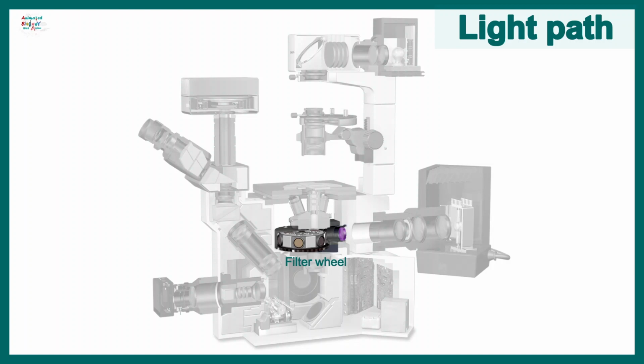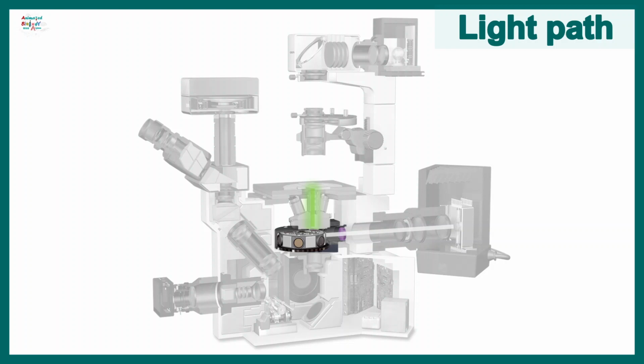Filter cubes for different wavelengths make up this particular filter wheel. So the light comes from the lamp source and goes through the filter wheel, and passes through the objective because it is diverted by the dichroic mirror, and falls onto the sample which is kept here. And the fluorescence light passes through the objective itself.